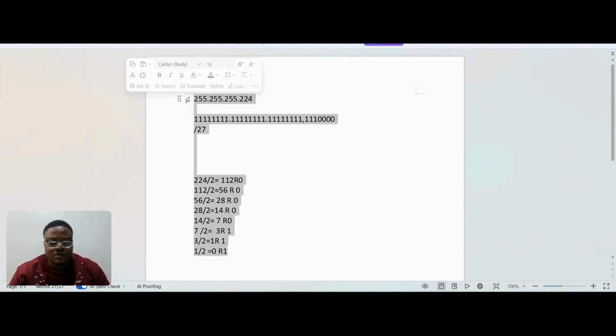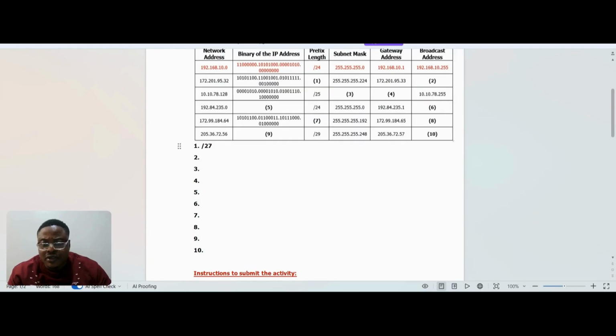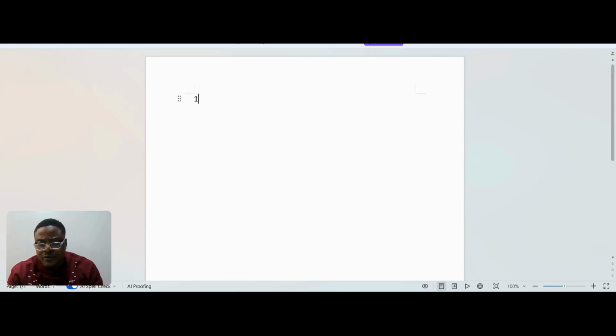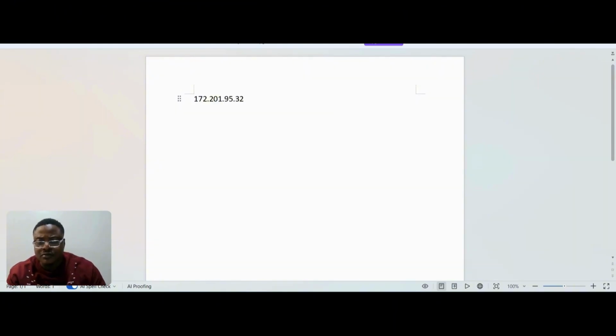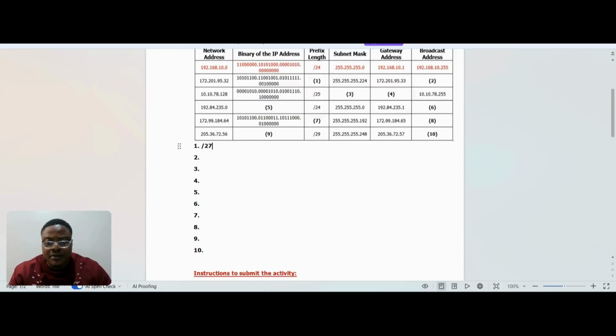The network address is 172.201.95.32. So this is the IP address.